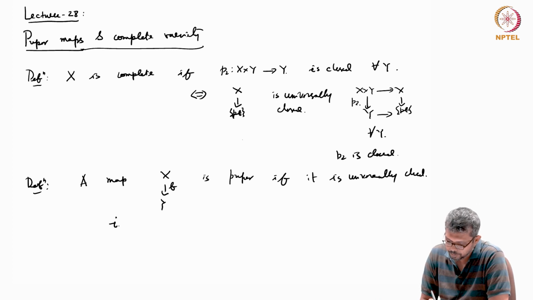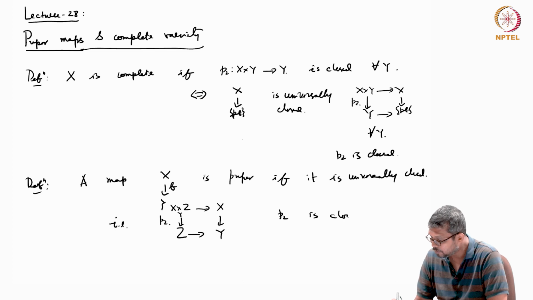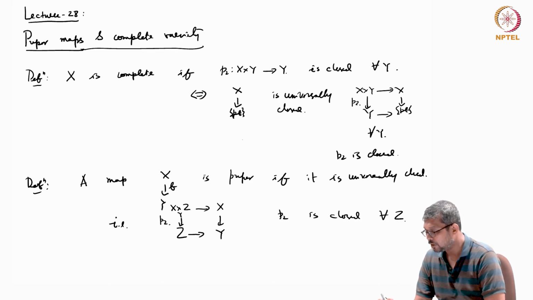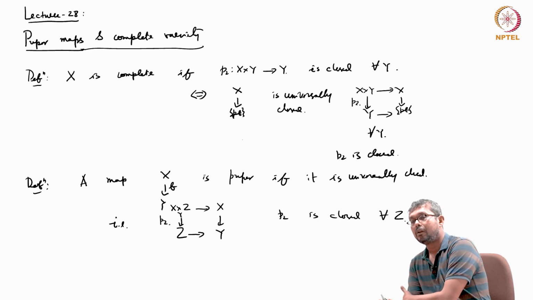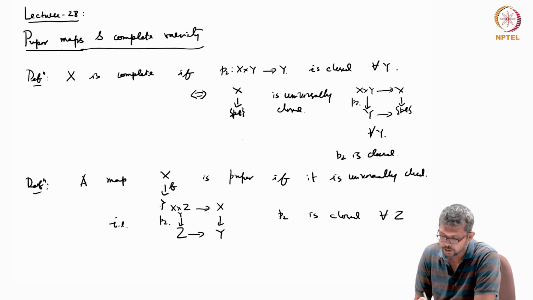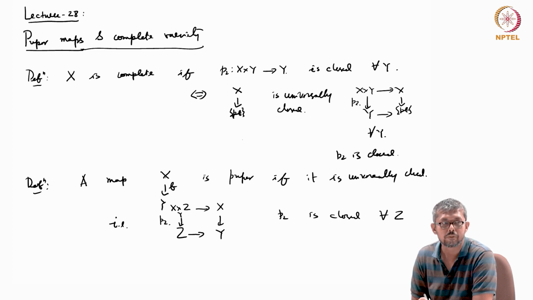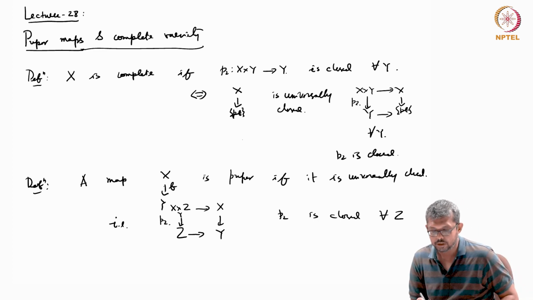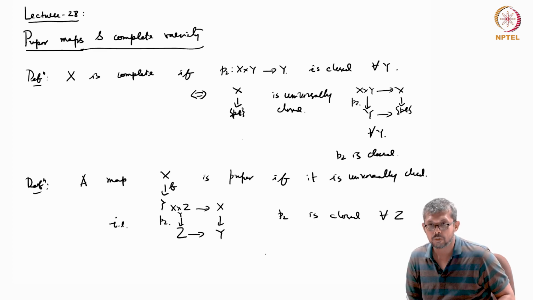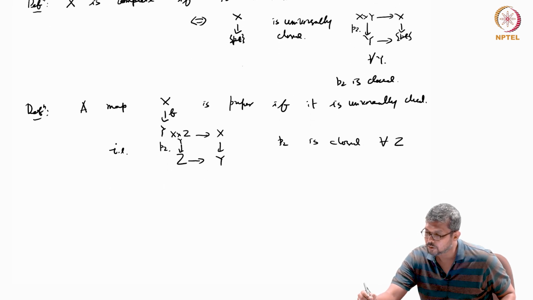That means that for every Z over Y, the fiber product X cross Z over Y, this map P2 is closed for all Z. In particular, if you just take Y to be a point, then X to a point is proper exactly when X is complete.